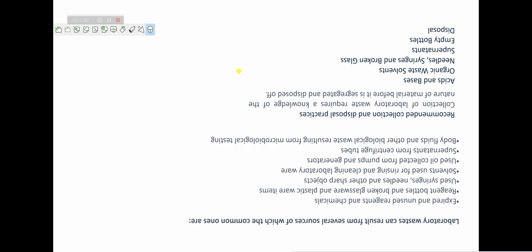If there are chemicals which are not in use, they are expired, unused, or destroyed, we can remove them from our lab, and they will come under laboratory waste.